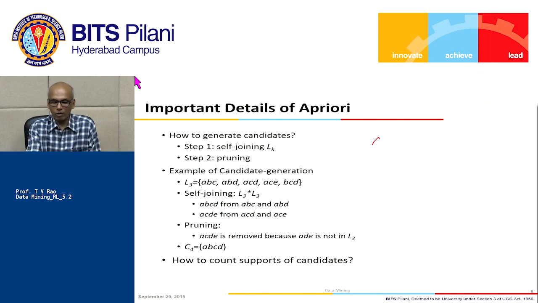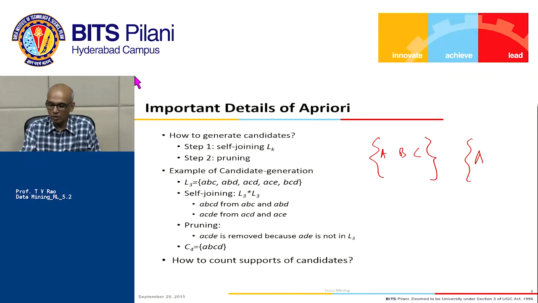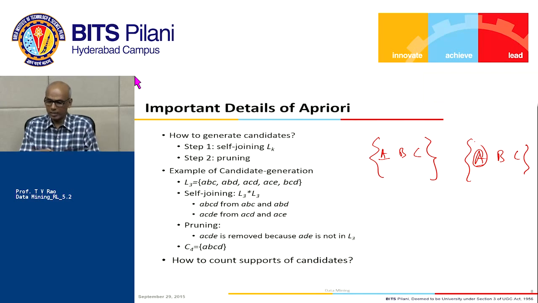We have one set which consists of the frequent items, where each one is a single item, and we are going to do a self join with this. Suppose A, B, C, etc. You are self joining with A, B, C. Joining A with A doesn't generate any new superset, but joining with B you get a new superset, and joining with C you get a new superset.